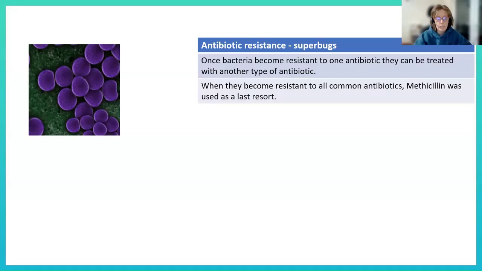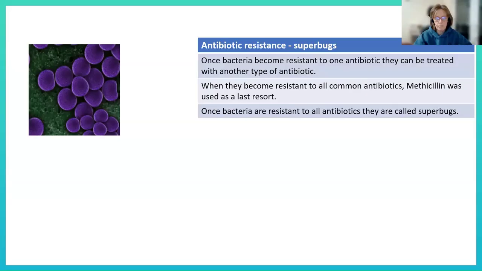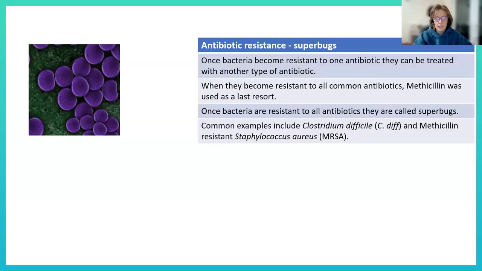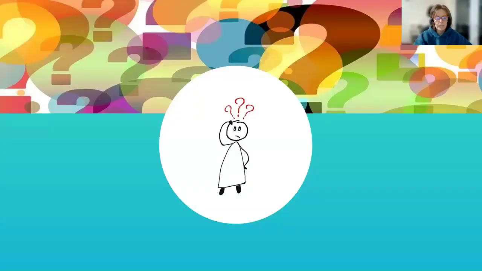Staphylococcus aureus is the name of the bacteria, and it's resistant to this last resort antibiotic, methicillin. So methicillin resistant Staphylococcus aureus is a proper superbug, resistant to pretty much everything. C. diff, or Clostridium difficile, and MRSA are two examples of those.